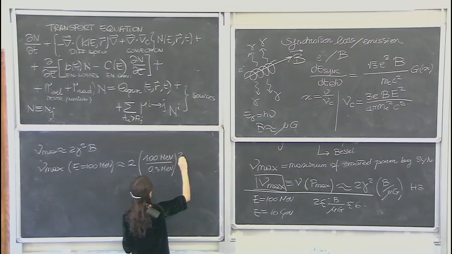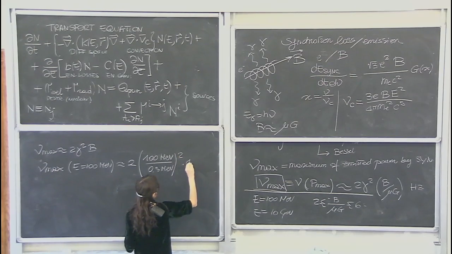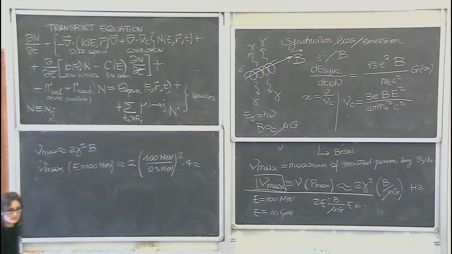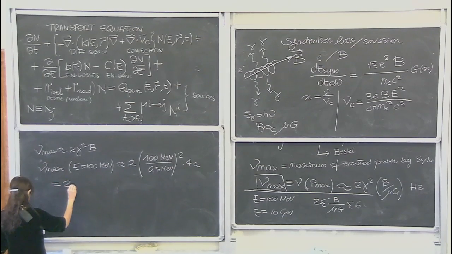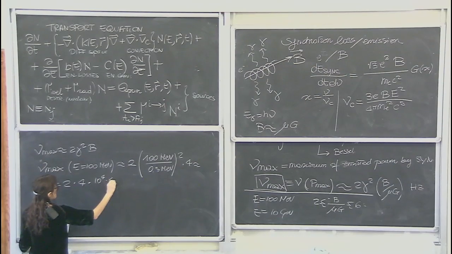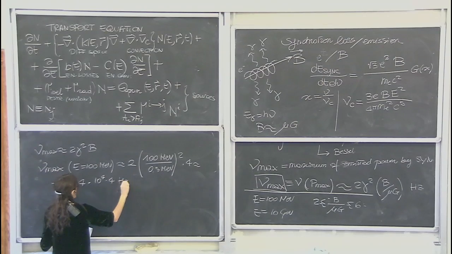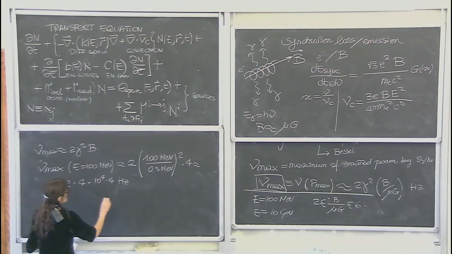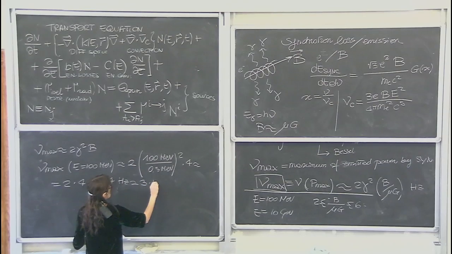We can put 4 for the magnetic field in units of microgauss. And so this is 2, if I'm correct, 4 times 10 to the 4, times 4 hertz, which is some 4.3 times 10 to the 5.